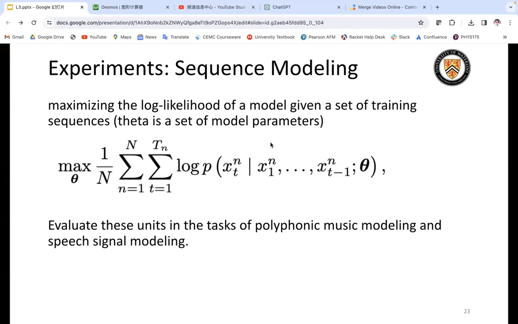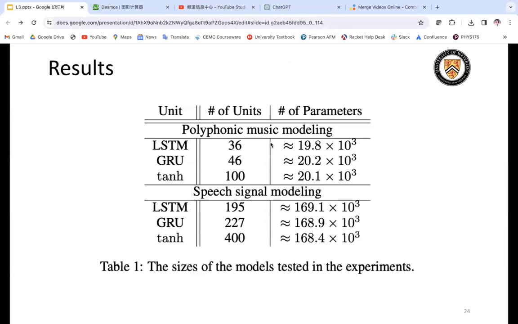In the experiment, we will evaluate these units in the task of polyphonic music modeling and speech signal modeling. So here are the results. But first, let's take a look at the number of units for each type of neural network. For long short-term memory, we have 36 units, and the parameters for polyphonic music modeling is roughly 19.8 times 10 to the power of 3.